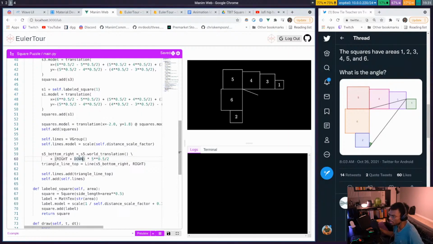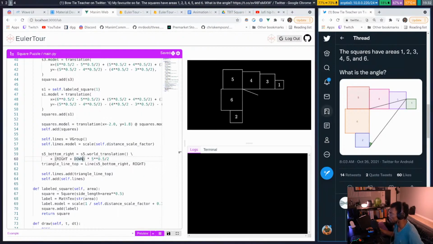Maybe I'd want to do it manually. I'd want to bring S5's origin into world space.